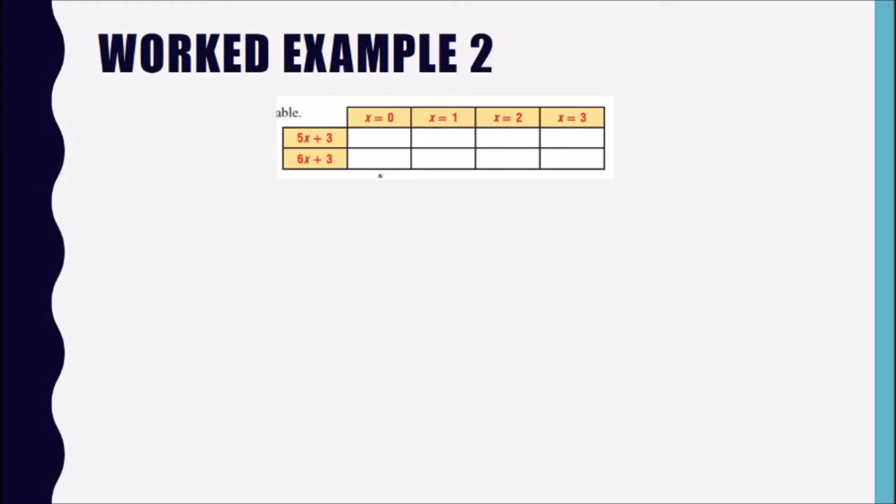So I'm going to do the same colors as before, just so we're not confused. The very first one, you have 5x plus 3, that's the expression we're given. So we have to substitute 0 as x, and I've just put it in brackets just so you know that it's not 50, it's actually 5 times 0.